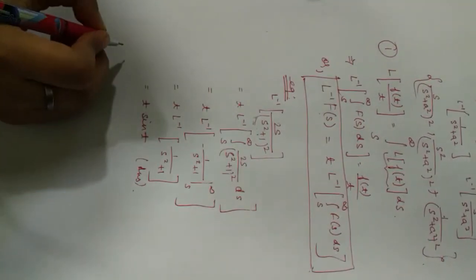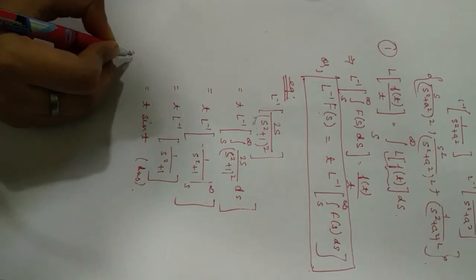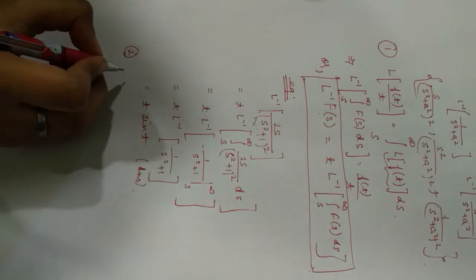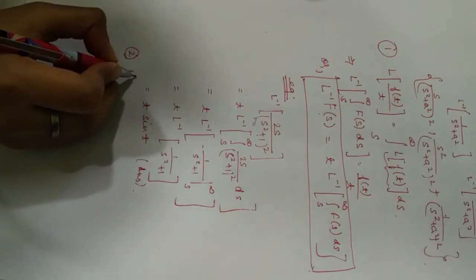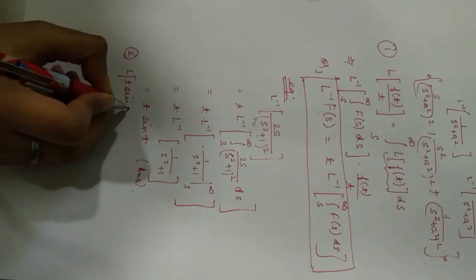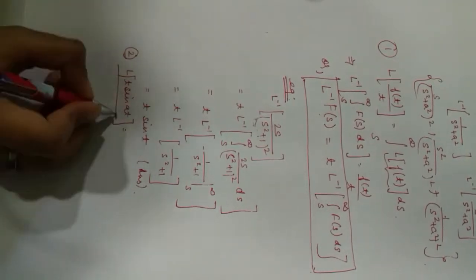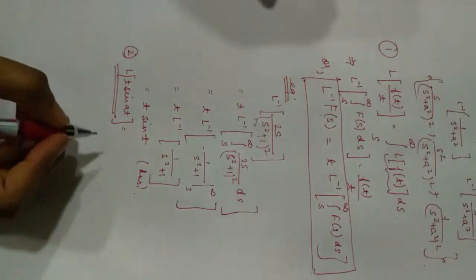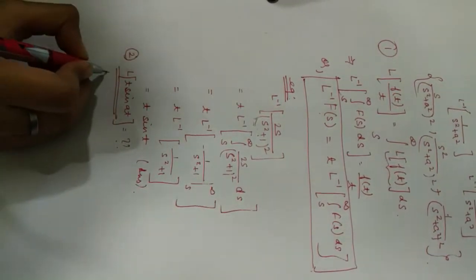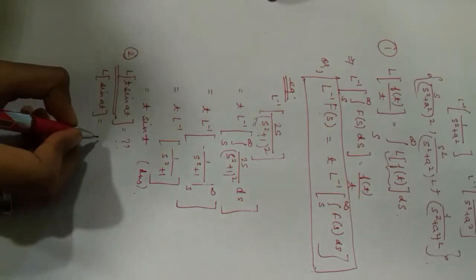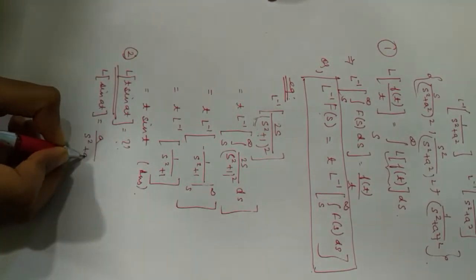This is a general formula. Now we'll move on to a few specific formulas. Like we all know, Laplace transform of t sine at, we have to find using this formula. We all know Laplace transform of sine at is equal to a divided by s square plus a square, right?